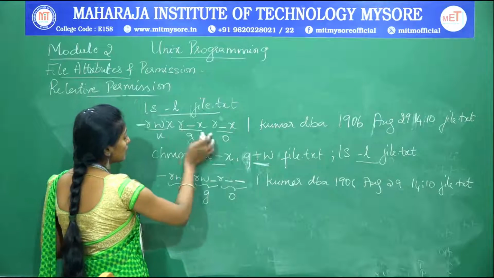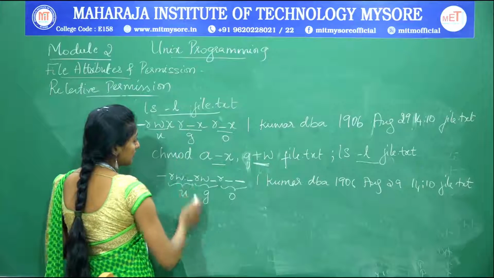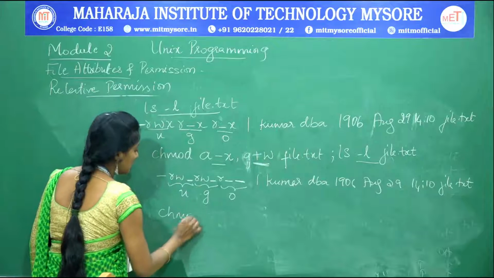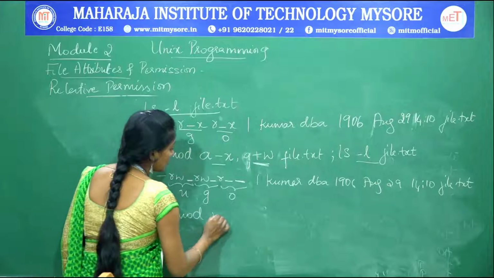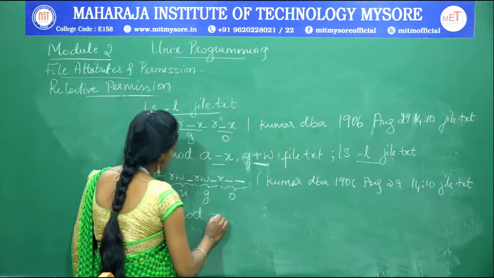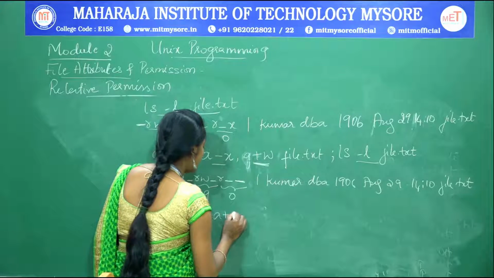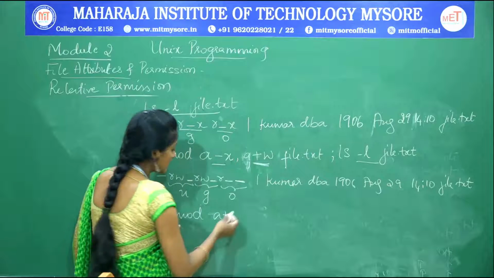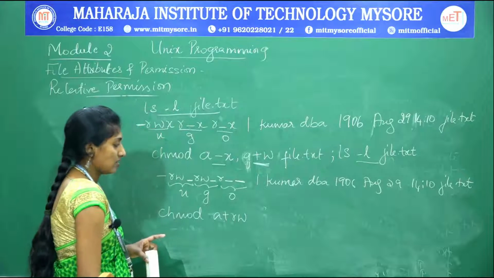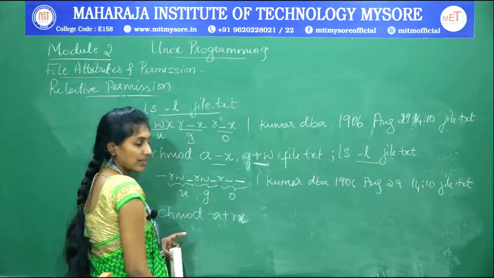What if I want to restore the same and assign this also? So chmod, for user, for all you can assign... For all the three categories you can assign read and write permission, or else just assign read and execute permission, like this.